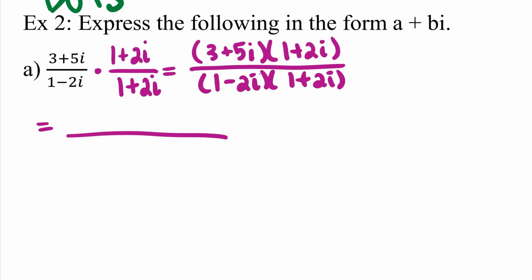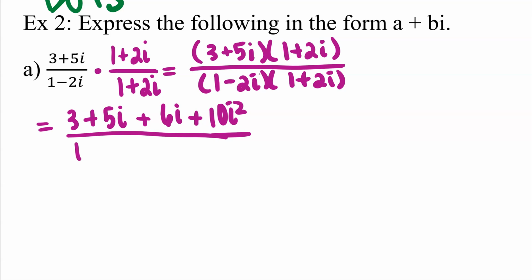So when we do that, the top, we get 3 plus 5i plus 6i plus 10i squared. Sorry, I went out of order. It caught me off guard. So that's our top. Okay, and we'll combine our like terms. The bottom, same thing.